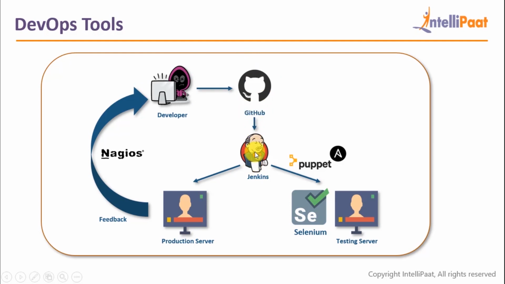From GitHub, Jenkins automatically detects that your code has been changed. It pulls the code and pushes it onto the testing server, and it installs all the software required on the testing server, and the testing suite that has been built on Selenium is already present on that testing server, right? So Jenkins pushes the code here, and the code is built and tested over here.